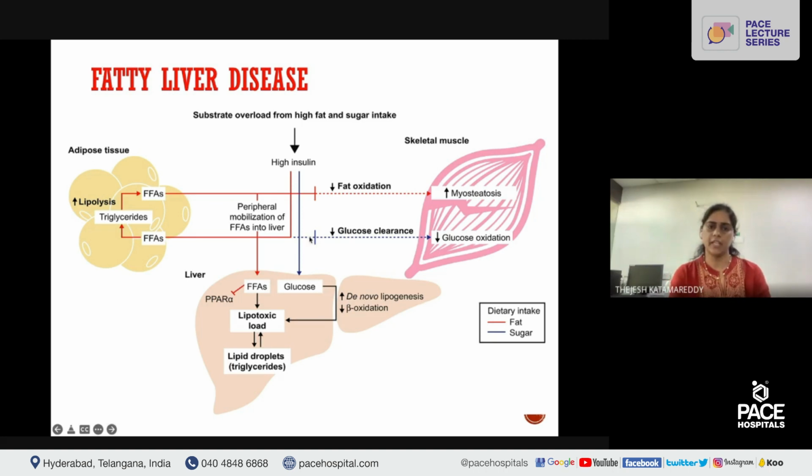The high insulin will also increase glucose in the cell, leading to increased generation of lipids inside the cell. Then this excess fat in the body will go and store in the muscle also, leading to myosteatosis.